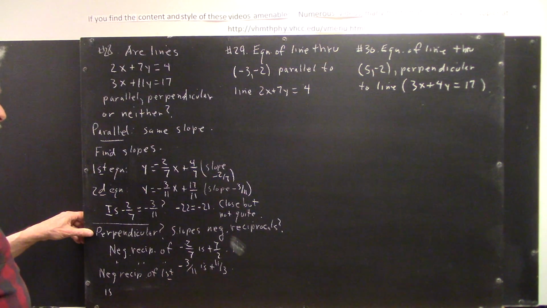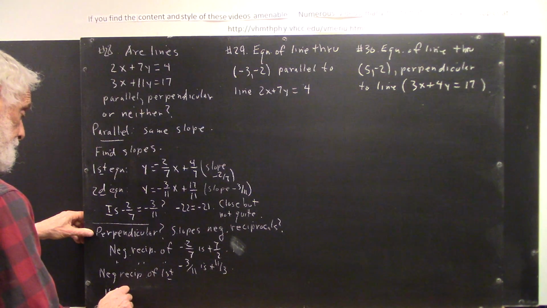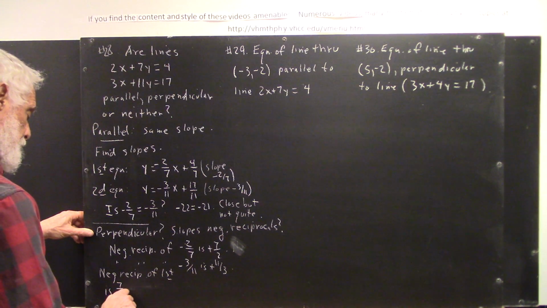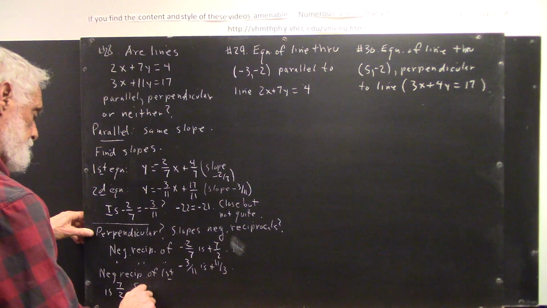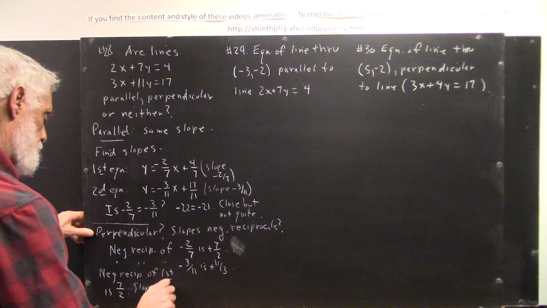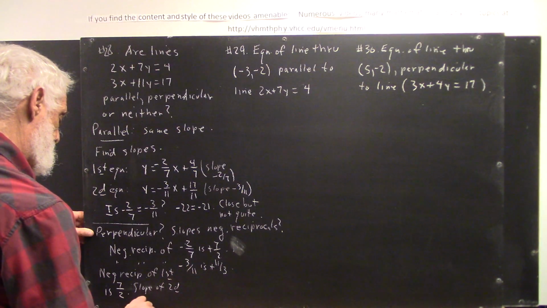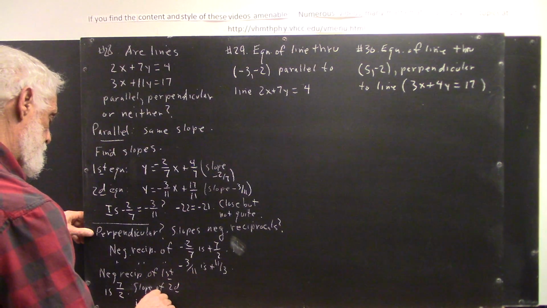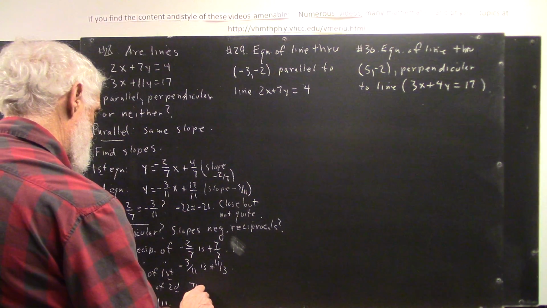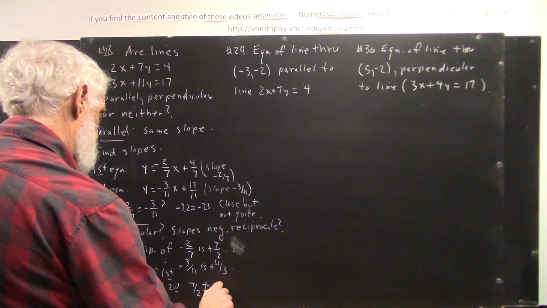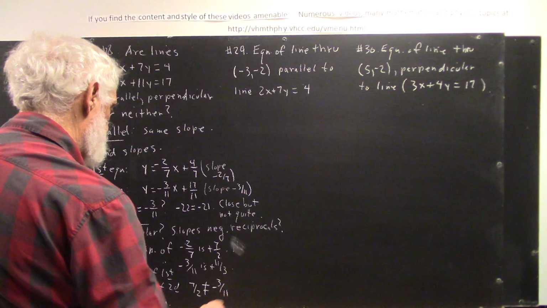The negative reciprocal of the slope of the first equation is 7/2. The slope of the second is negative 3/11. Very clearly 7/2 is not equal to negative 3/11.